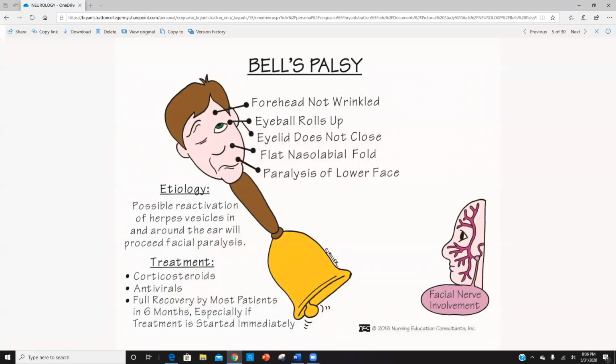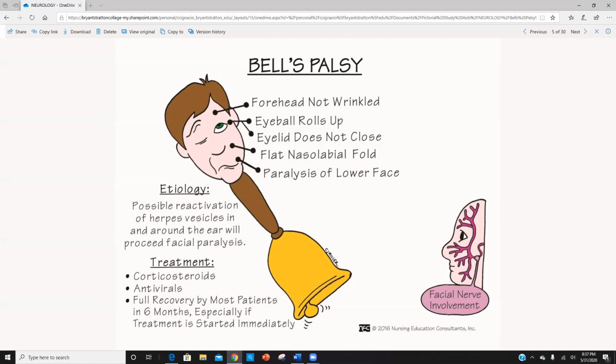And so the symptoms that your patient may experience are a rapid onset of mild weakness to total paralysis on one side of the face, occurring within hours to days, a facial droop with difficulty making expressions such as closing your eye or smiling, drooling, pain around the jaw or behind the ear on the affected side, increased sensitivity to sound on the affected side, headache, and a change in the amount of tears or saliva they produce.